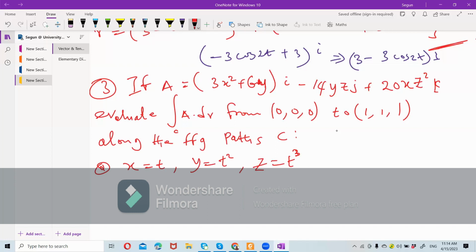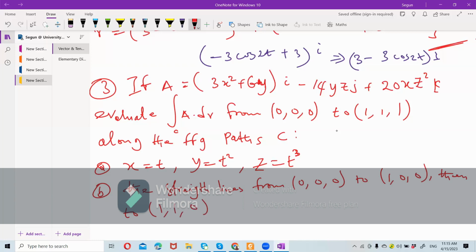Are you getting it? B: the straight lines from 0, 0, 0 to 1, 0, 0, then to 1, 1, 0, and then to 1, 1, 1.